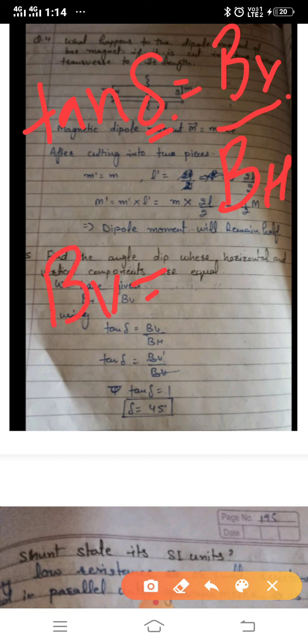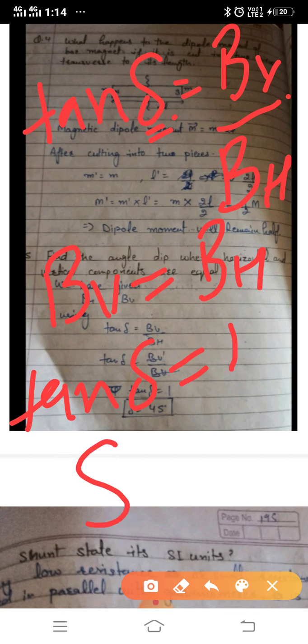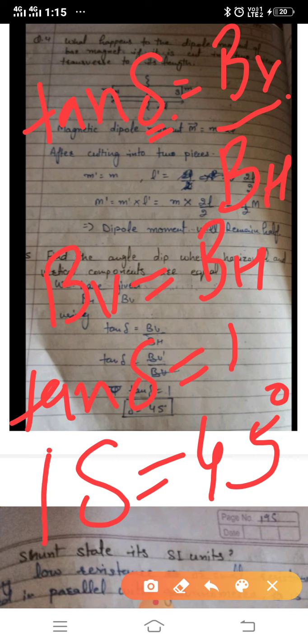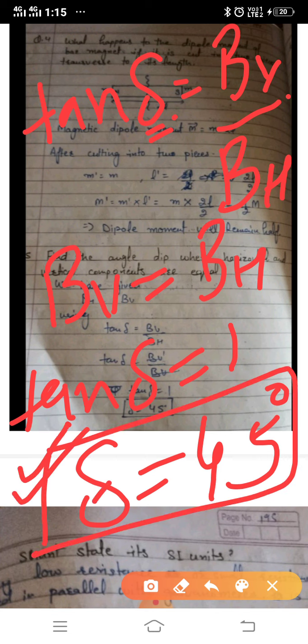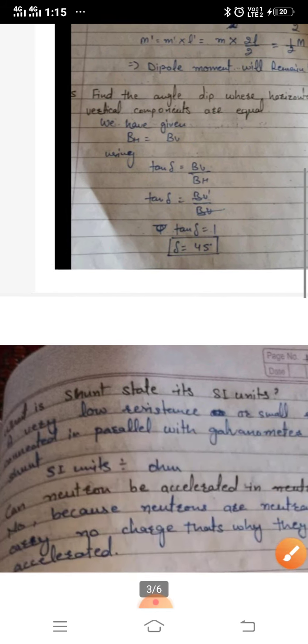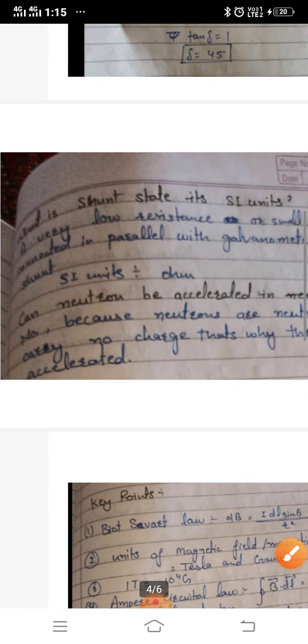So what will be tan delta? Both will cancel, so it will be 1. At what angle is tan 1? Tan is 1 at 45 degrees. So that's why delta is equal to 45 degrees. So this is your answer, that the dip is equal to 45 degrees. You can see it in your notes as well. So this is very important.